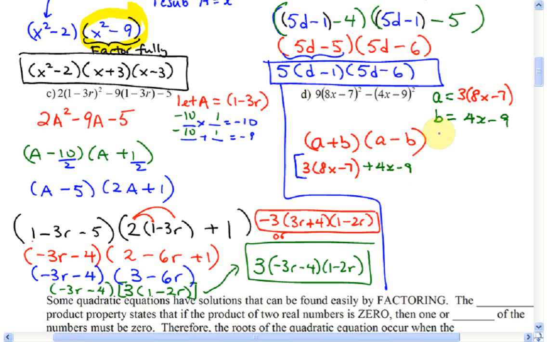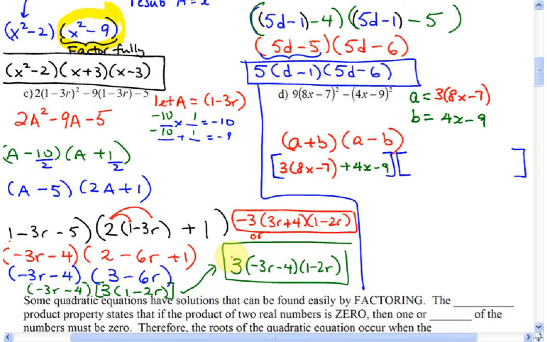And then we have A, which is 3 bracket 8x minus 7. And be careful here, this is minus B, and notice why I'm going to put a bracket around the 4x minus 9. Because that negative applies to both of those terms in there. That's where people make mistakes. I hope you can see what I've done. I've tried to color code things.